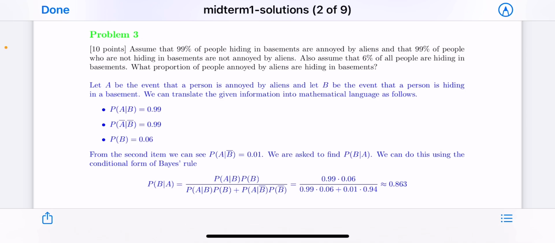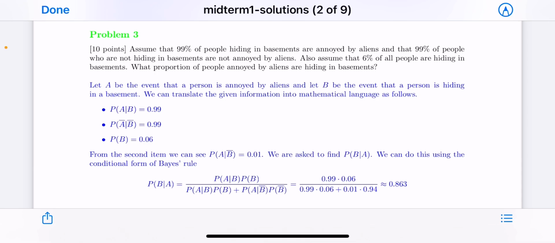And we can see that what we're asked to find in the question is exactly the reflected conditional probability of B given A. So we can catch that we have exactly the right data to reflect a conditional probability with Bayes' rule. And so let's do that. We have everything we need.